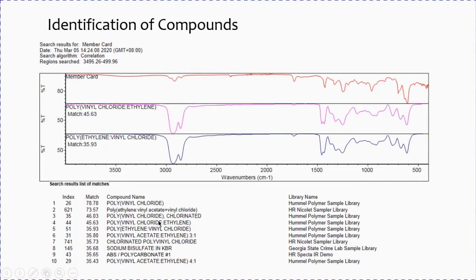These compounds are believed to be flawed and undesired compounds during production of PVC. Lastly, sodium bisulfate in KBr and ABS polycarbonate number 1 are also matched. These compounds are believed to be additives concocted upon the production of plastic cards.